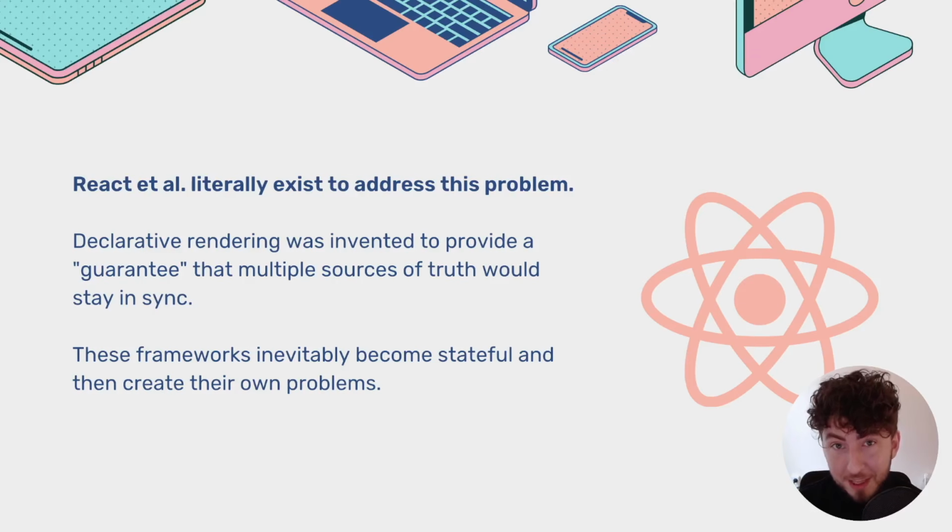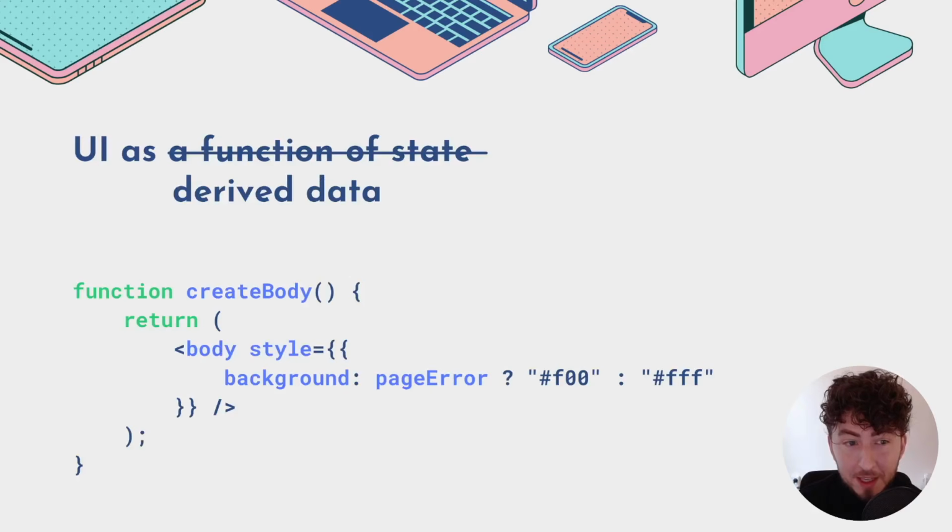It was literally invented to provide a guarantee that the data on your side in your code would always be represented correctly in the UI, right? They refer to it as UI as a function of state, but what it really is is UI as derived data. And this is speaking as someone who has worked extensively with React professionally for 5 or 6 years now, right?